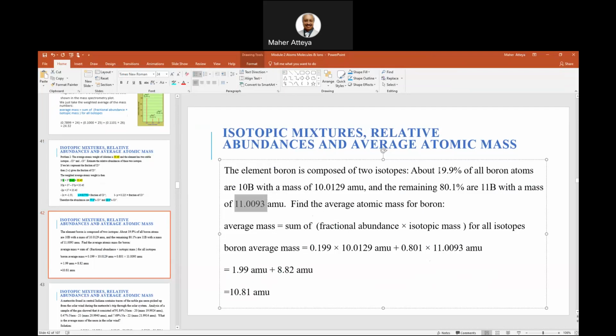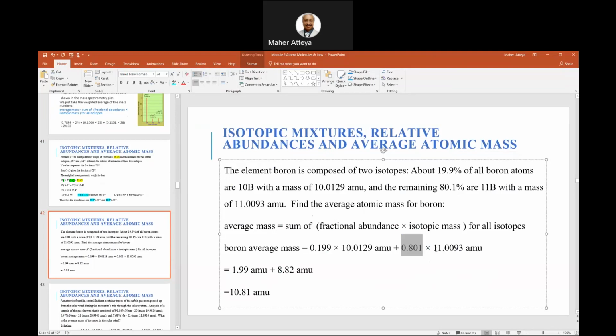So this amount here, 0.191. This amount will be 0.801. And then you multiply it by its corresponding mass. So the first one here, the 11B, which is the second isotope, has 0.8, correct?